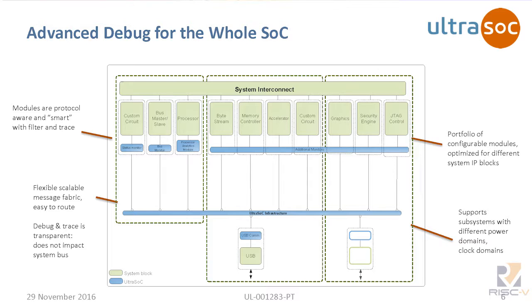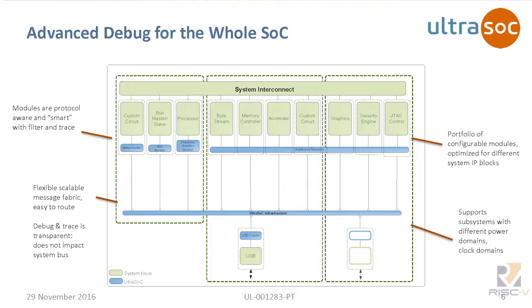The second class of IP we provide is a message passing infrastructure, which is completely independent of the target subsystem's interconnect. And the third class is a bunch of things we call communicators, which communicate from the UltraSoC domain to another domain. What I've shown here is just the USB communicator, but we have a bunch of others.